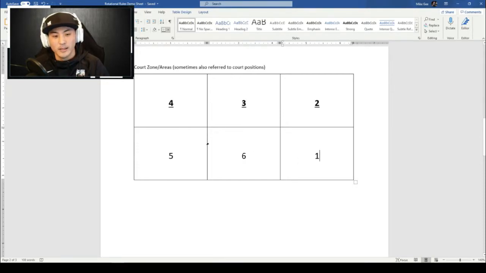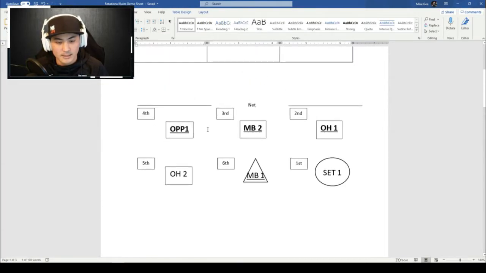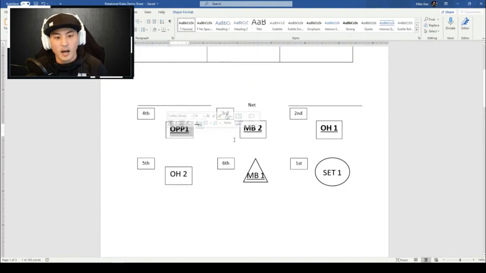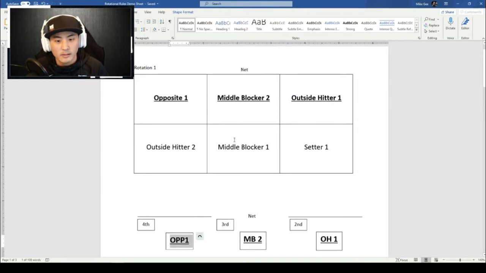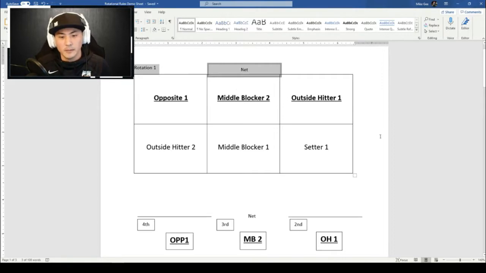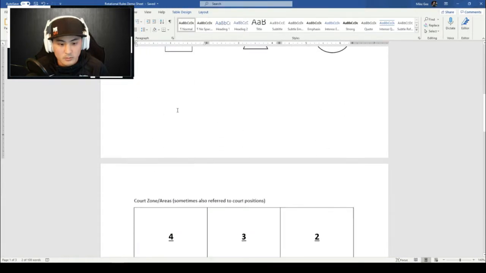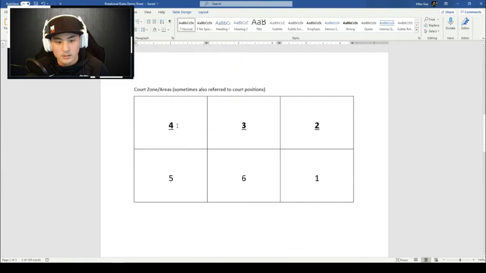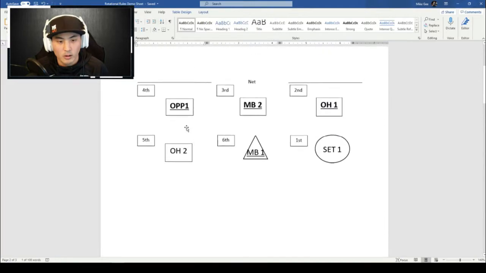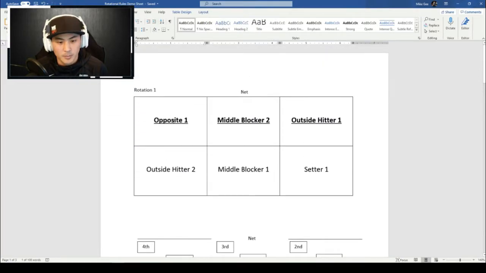So the player in court position 4, as we scroll up in this example, is the opposite 1 in this given rotation. So we're looking at rotation 1. You can see that the player standing in zone 4, scroll back down to our zone and area map, zone 4 is in fact opposite 1.